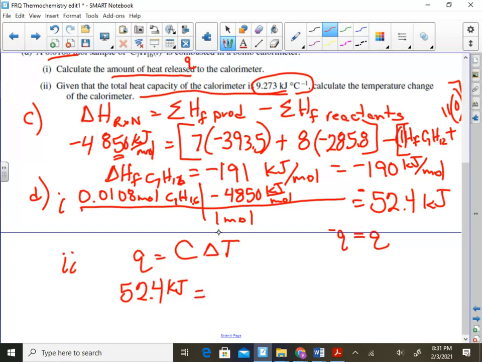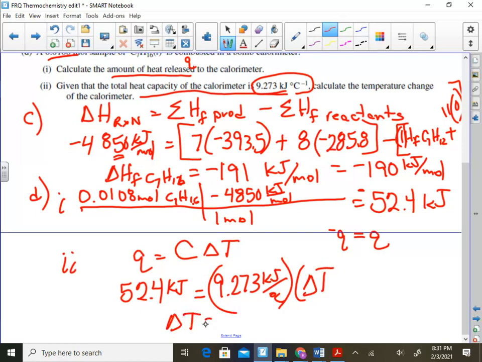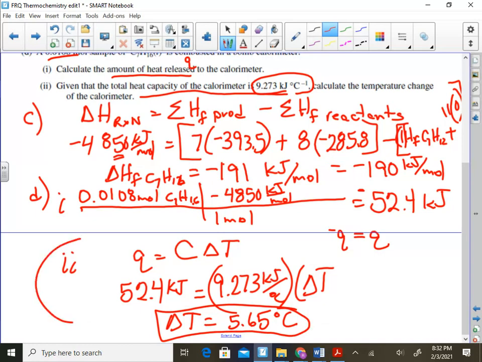And so that equals the total heat capacity, which is 9.273 times the temperature change. And so solving for the temperature change, you get a temperature change of 5.65 degrees Celsius. And so this problem will not be tested anymore.